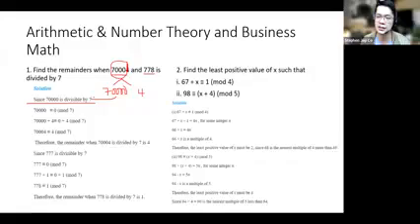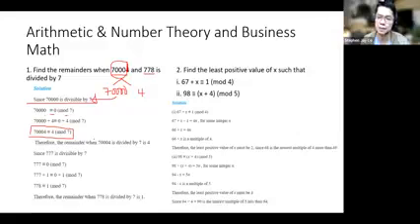So this one is divisible by 7. So 70,000 is the same as 0 modulo 7. If we add 4 on the left side of the equation, then add 4 on the right side of the equation, we'll end up with 70,004 is 4 modulo 7.